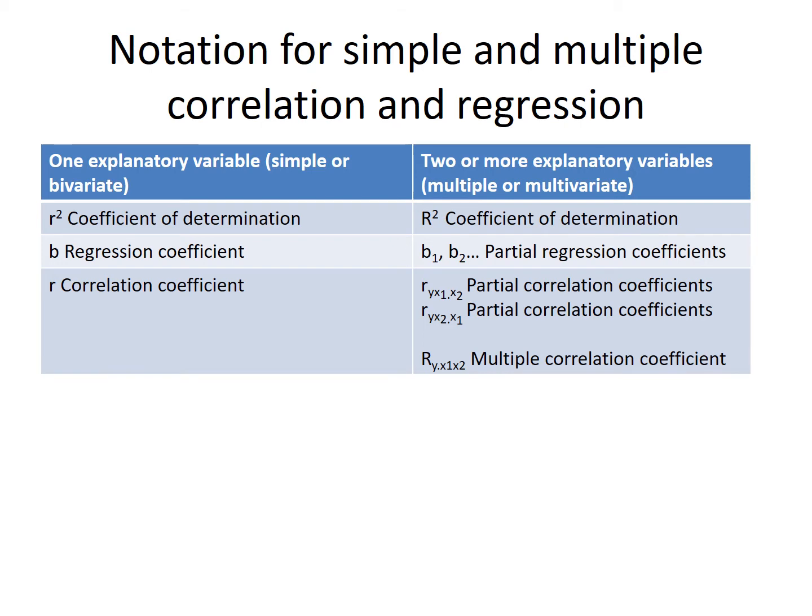B1, B2 are partial regression coefficients, because now you have two or more independent variables. And little r is the correlation coefficient, because you only have one independent variable and one dependent variable. Whereas on the multiple regression, where you have two or more independent variables, you have R, y, x1, x2, etc., the multiple correlation coefficients.